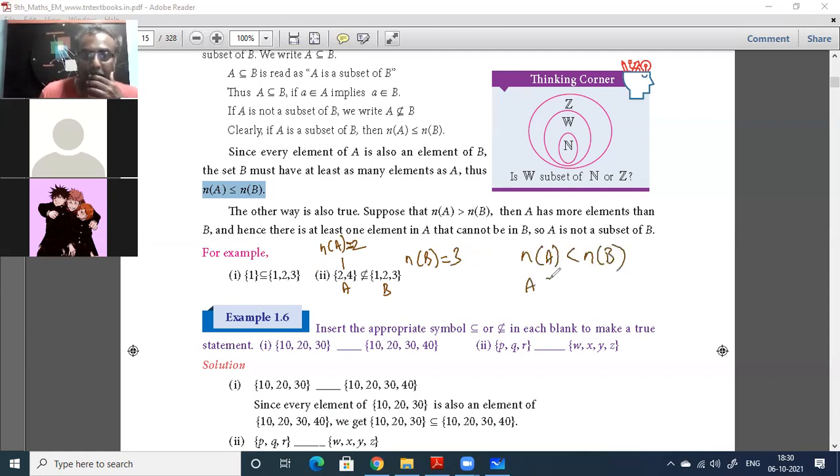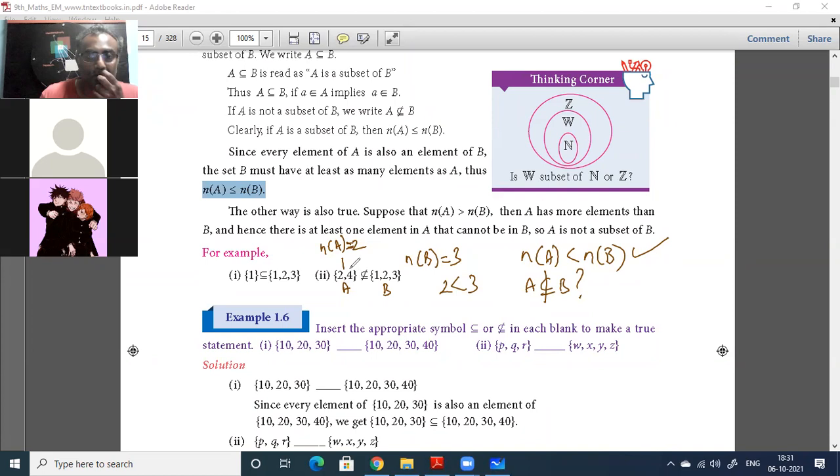Then why is A not a subset of B? n(A) is less than n(B). 2 is less than 3. So A must be a subset of B. Why is it not?